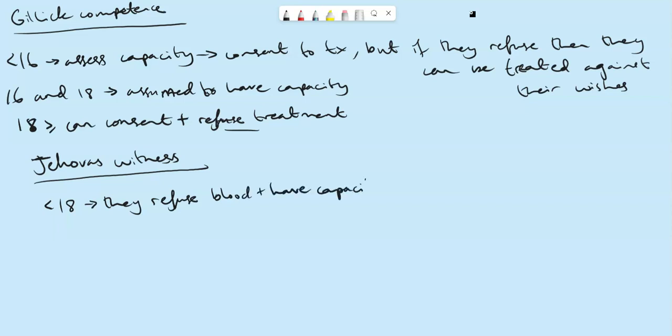you can't treat them against their wishes, because there's been lengthy discussion over the many decades, and one thing that was said was that somebody under the age of 18 doesn't necessarily have enough life experience to be able to rationalize the weight of life and death decisions.